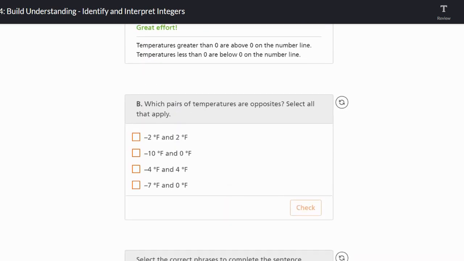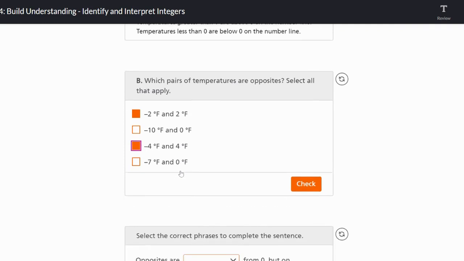Which pairs of temperatures are opposites? And we need to select all that apply. So opposites are the same distance from 0. -2 and +2? Yes. They're both 2. It's just one's negative, one's positive. -10 and 0? No, they are not the same distance from 0. -4 and 4?